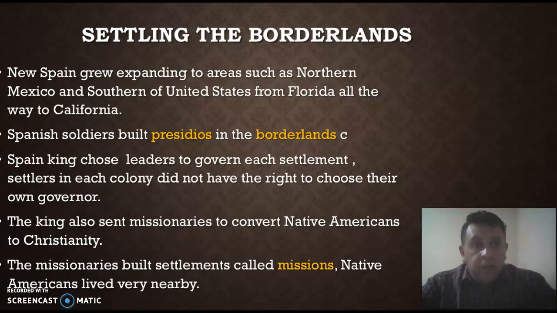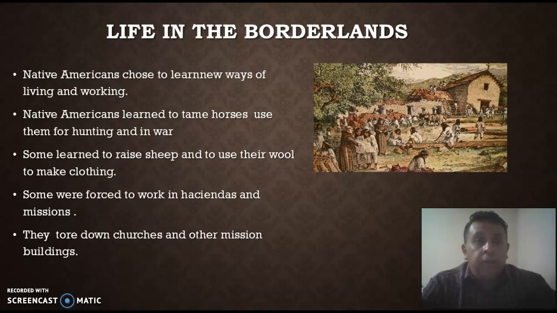The Spanish king chose leaders to govern each settlement. They were not able to choose these leaders; they were chosen by the king of Spain. Now, the king also sent missionaries, priests who tried to convert Native Americans to Christianity. The missionaries built settlements called missions, and Native Americans lived nearby.